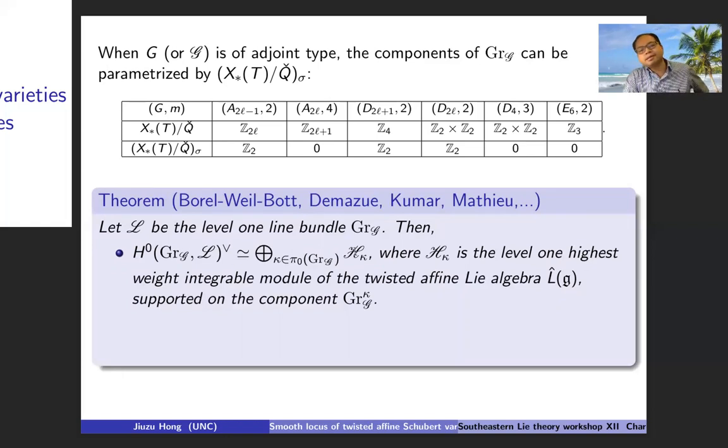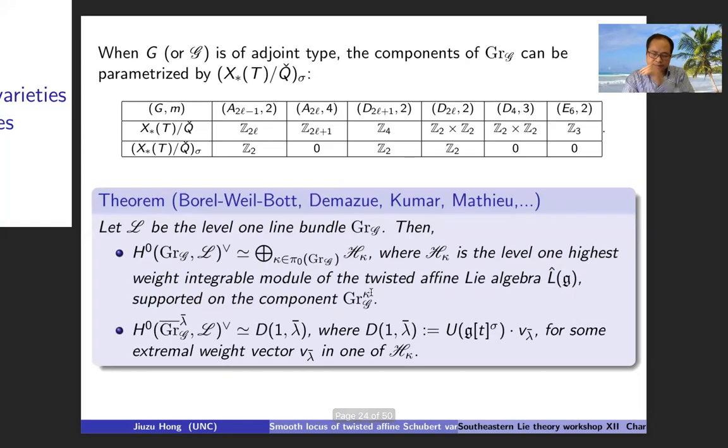It will be the same as in the untwisted case: the sum of all level 1 highest weight integrable modules. So now in this case, it should be the twisted affine algebra. So here there is a typo. It should be L hat G sigma. Okay, so it will be the twisted affine algebra, and each component will be supported on the component G lambda. They are the same as usual.